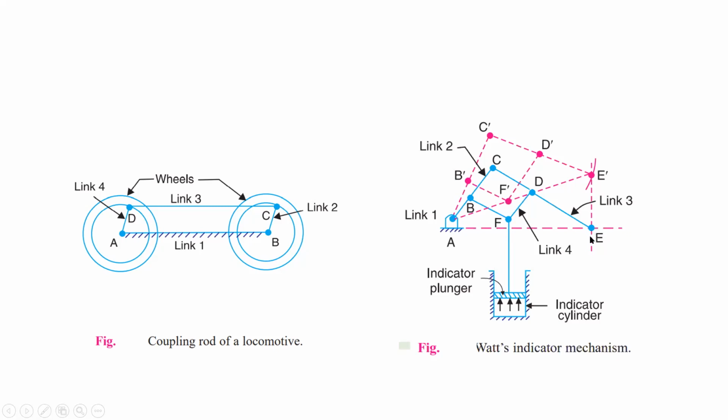Okay, the point E will also move in the straight line, and the movement of the point E from E to E dash is depending on what is the pressure inside the cylinder. Okay, so with the help of this motion, you will come to know what is the pressure.